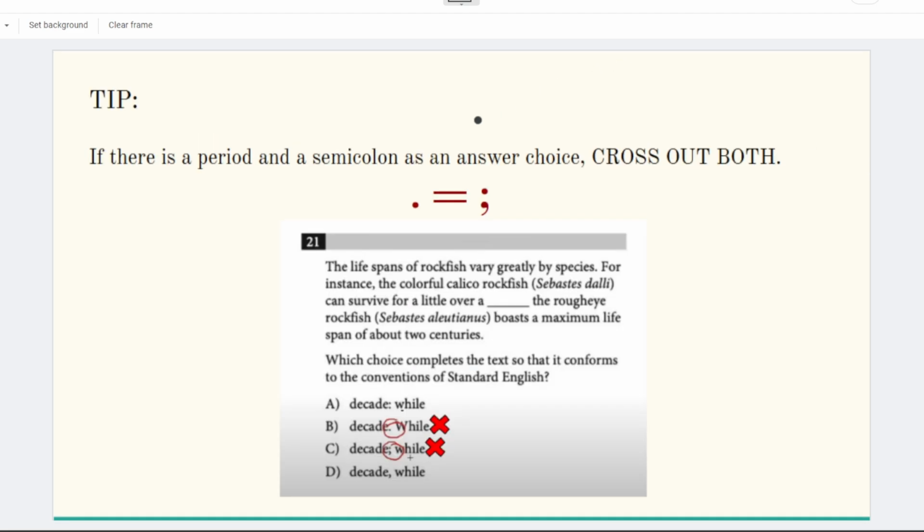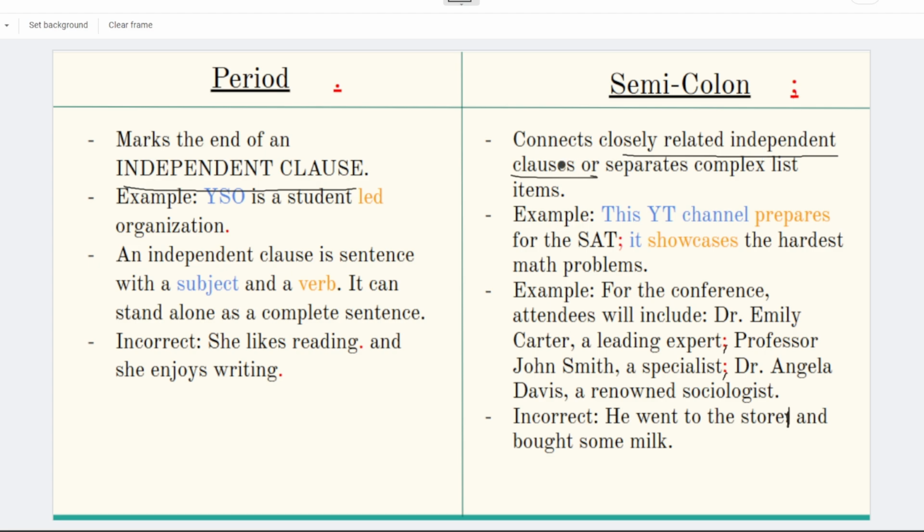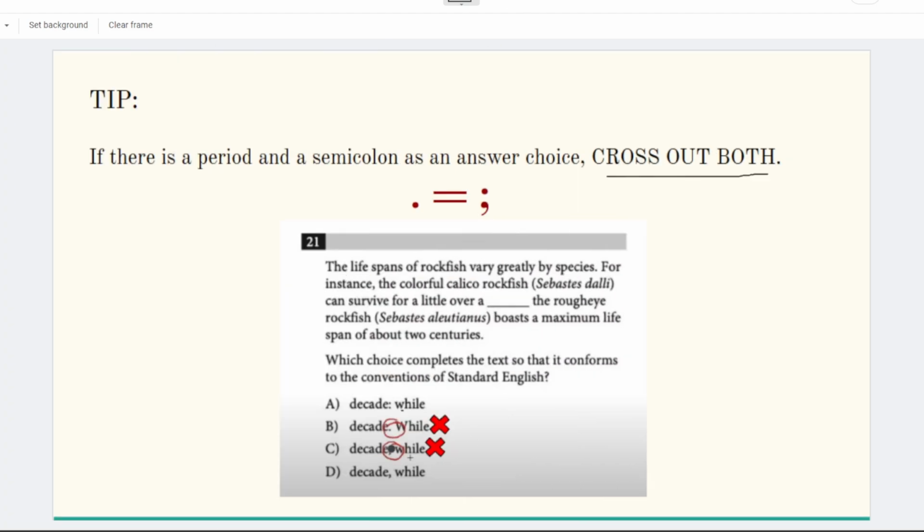And my tip for semicolon versus a period is if you see them both in an answer choice, cross them both out. Why? Because they mean the same thing. One relates independent clauses, and one marks the end of an independent clause. So they're basically putting two independent clauses together. But if you really want to solve this, the best strategy is to read it out.